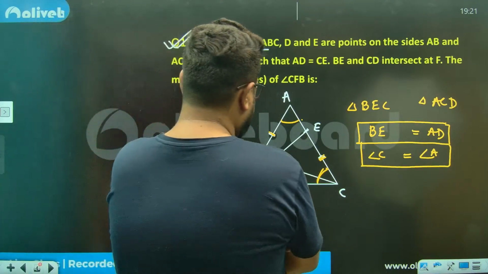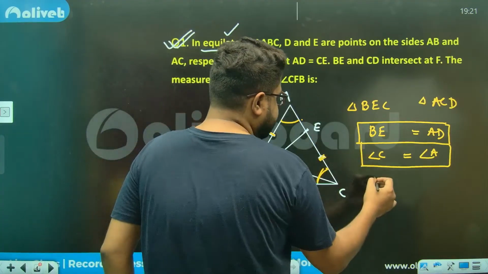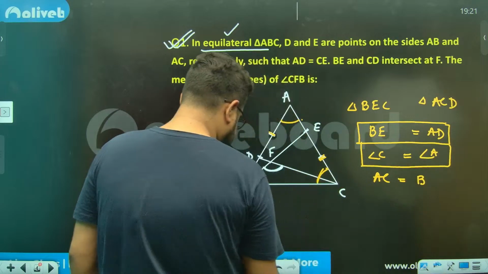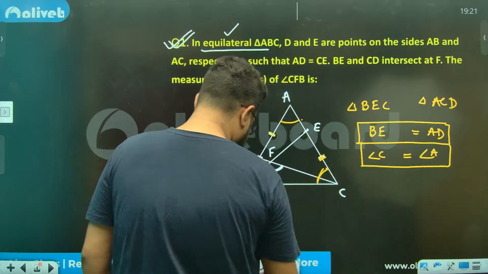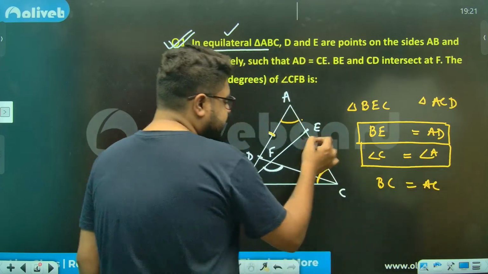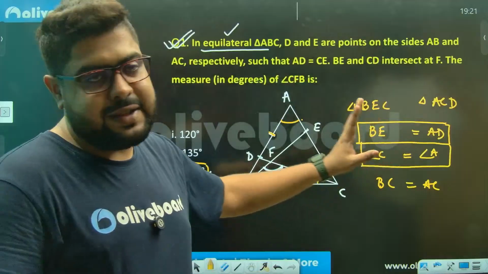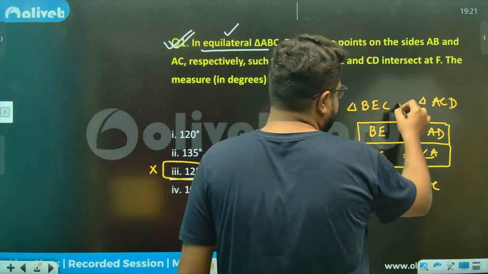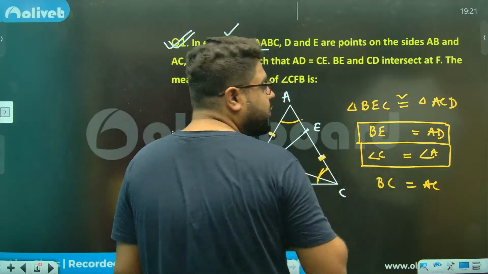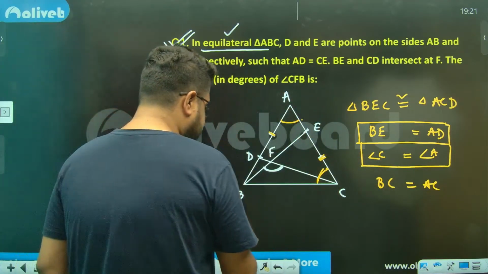Yeah, so BC is equal to AC. All three sides are equal to each other because it's an equilateral triangle. And once I can say this, that means these two triangles are congruent.